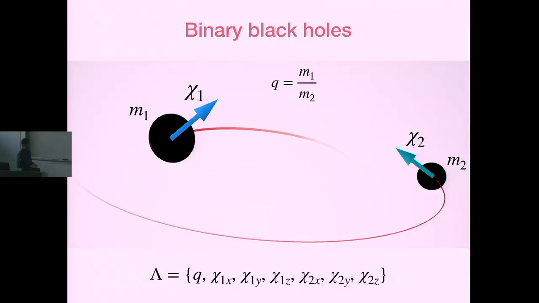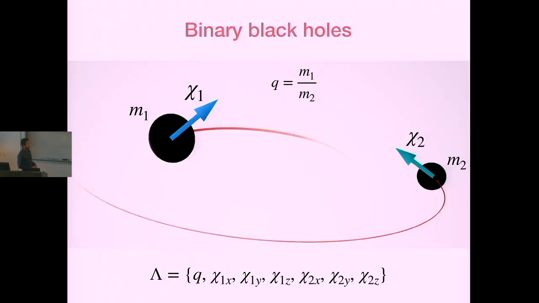But one of the crucial elements of being able to do this science is to have an accurate model that you can compare with the data that we see in these detectors. In this talk, I'll focus more on binary black holes, which are the most abundant source of gravitational waves, at least so far.